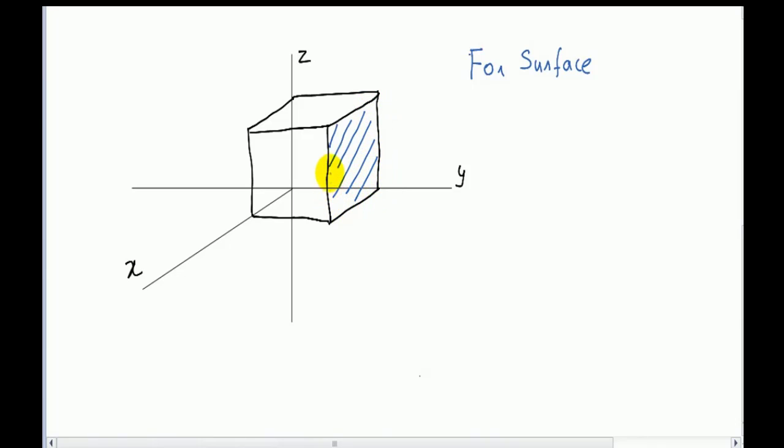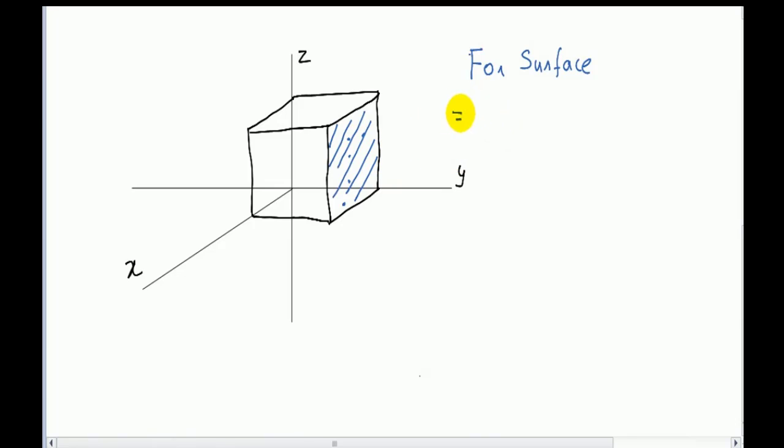At every location the value of y will be constant, but suppose I take this point, the value of x will be different. If I take this point, value of x will be different, and also the value of z is different for this point and this point and this point too. But the value of variable y will be same for every point on this surface.